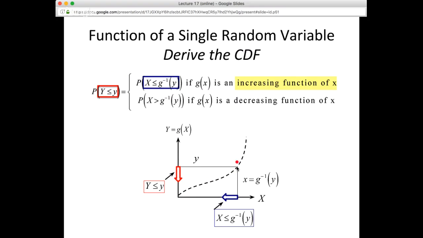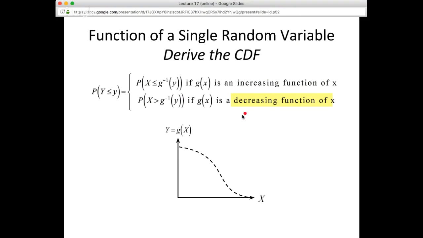In other words, as you move down in y, you follow this curve down, and it moves to the left, to smaller x values. And so that is why, when g of x is an increasing function of x, the probability that the random variable y is less than or equal to little y is equal to the probability that the random variable x is less than or equal to g inverse of y.